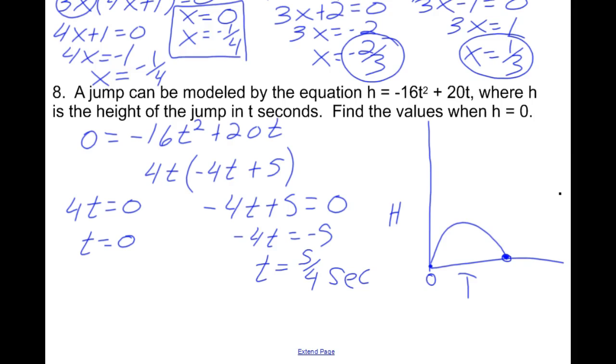So this right here is t time 5/4 seconds. That means it is 1 1/4 seconds. So when I jumped, because I can jump so high, I was able to hold in the air for 1 1/4 seconds. Yeah, you guys are thinking that's not that long. Try it. See how you do.